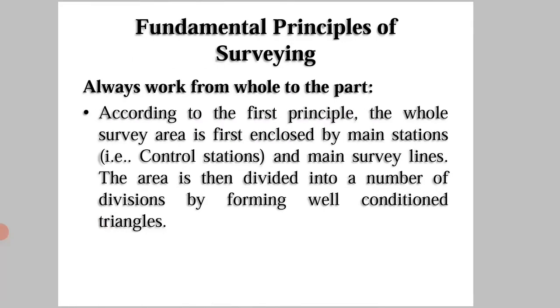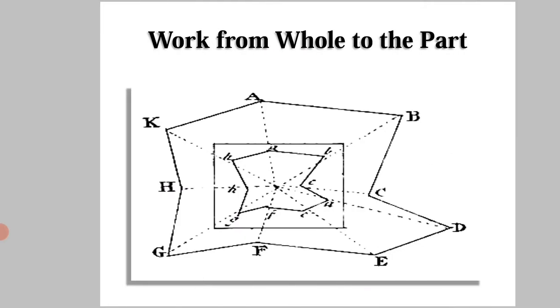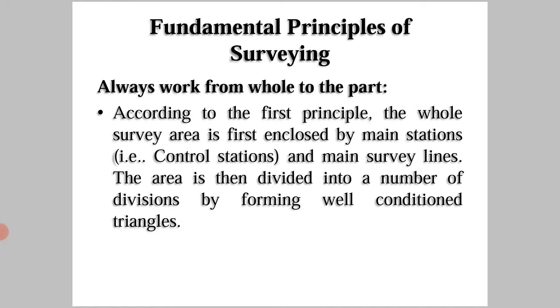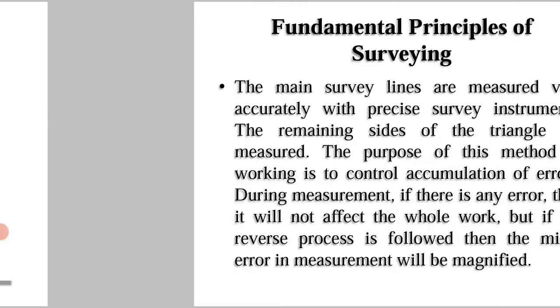A and F are the control stations and main survey line. The area is divided into well conditioned triangles, okay. So this is working from whole to the part.